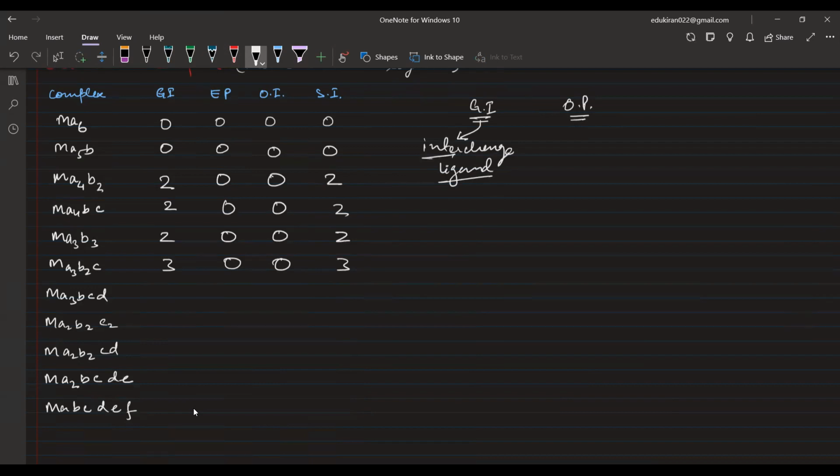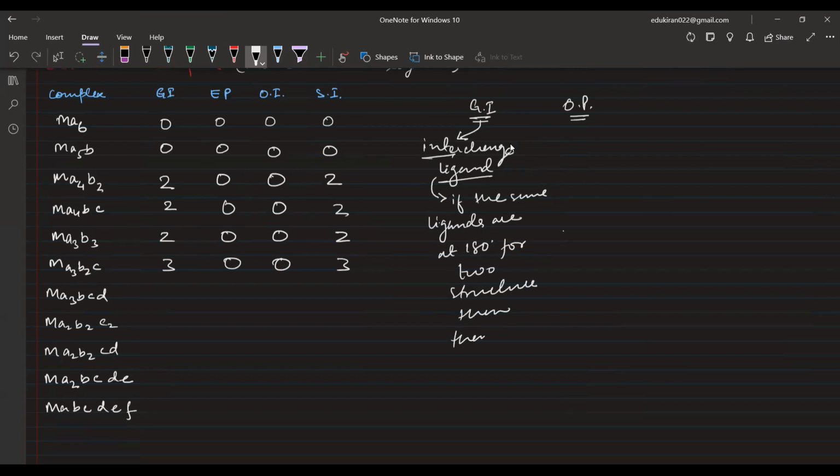How do we check if the ligands are the same? If the same ligands are at 180 degrees for two structures, then they are same.